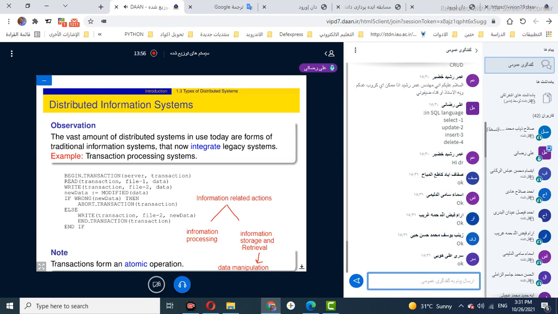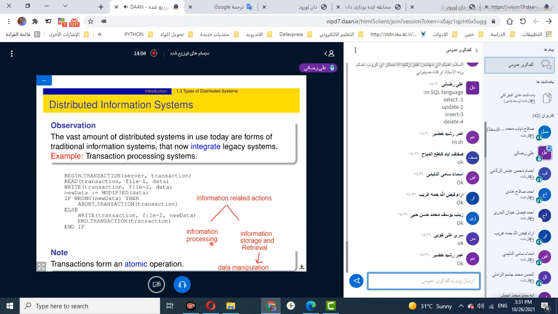And also we have information processing, which is something more advanced. Information processing is more advanced than these primitive commands.